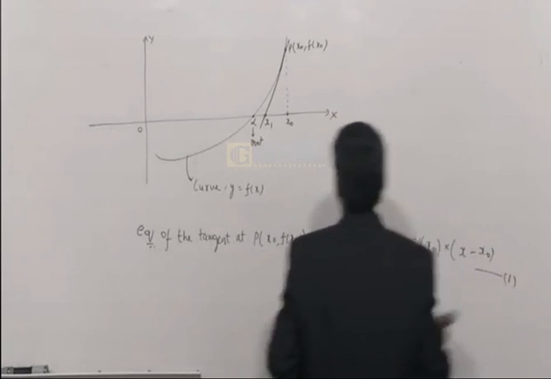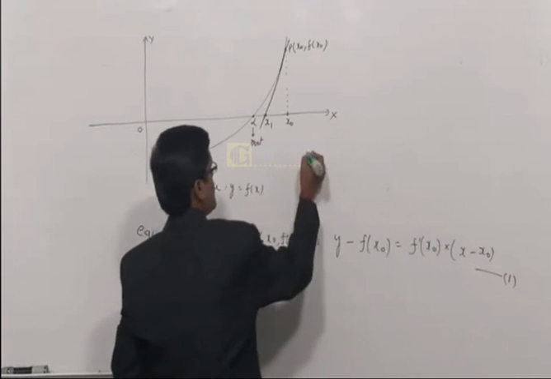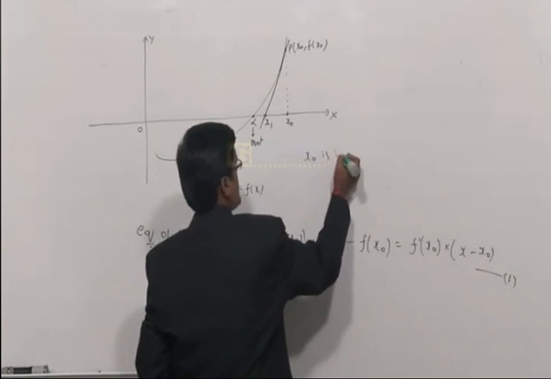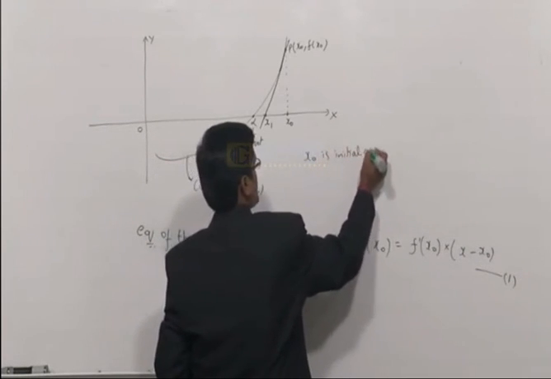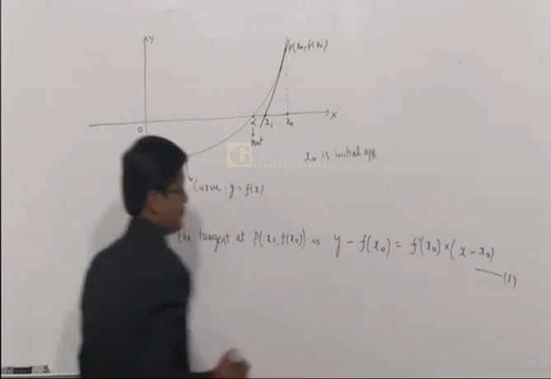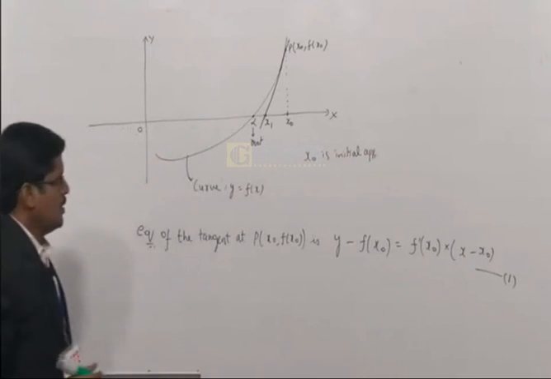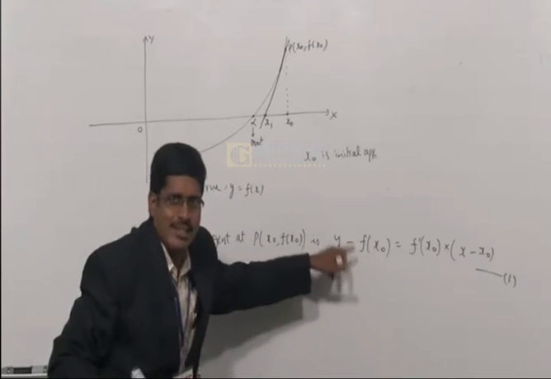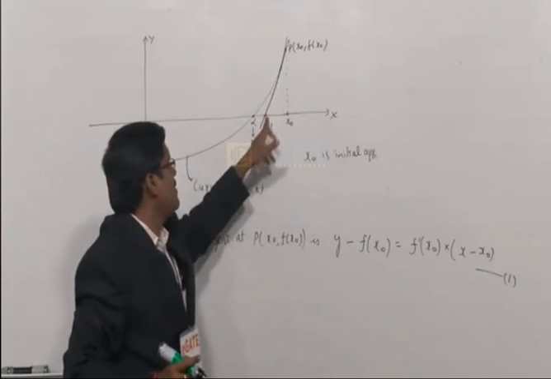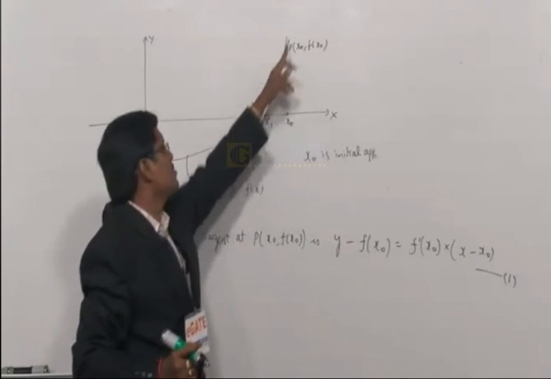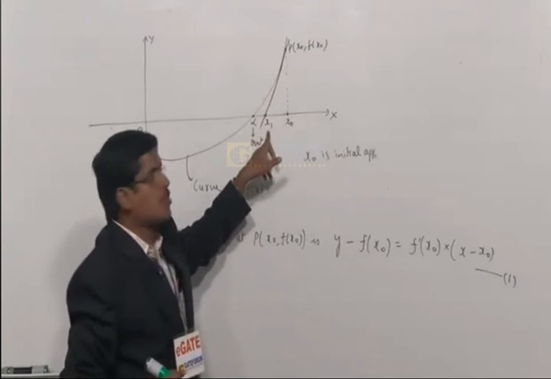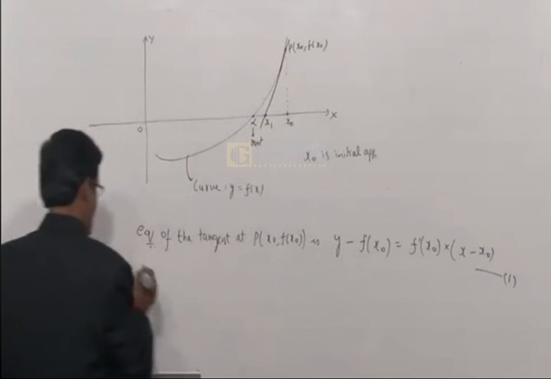Say equation 1, where x0 is the initial approximation. Now this equation 1, the tangent at P, again meets the x-axis at x1. That means this tangent also passes through the point (x1, 0).